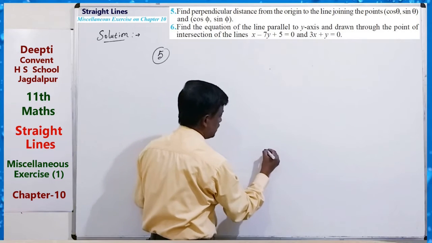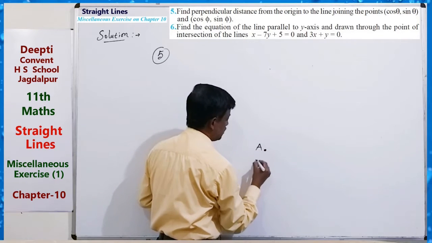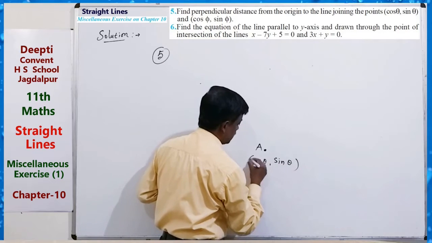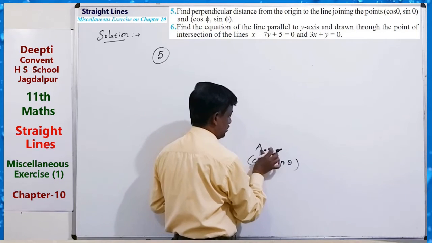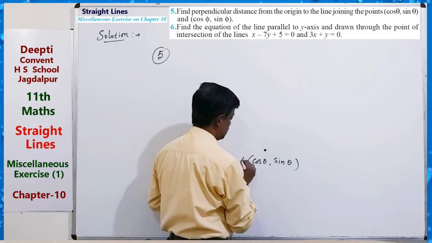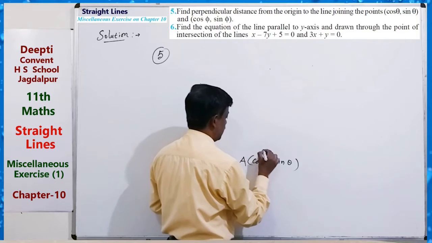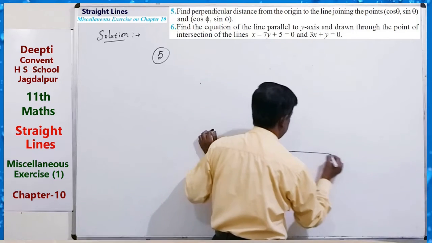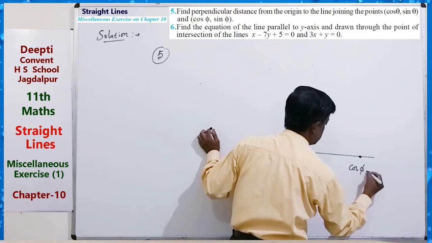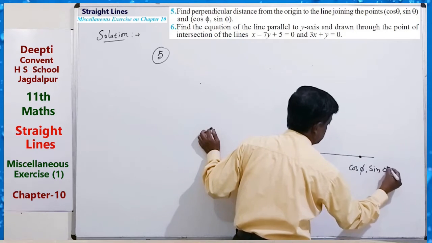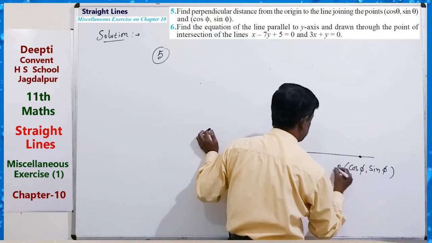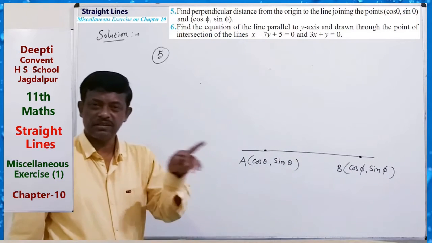Here question 5. One point is given as cos theta, sin theta. Suppose this is A. Another point is given as cos phi, sin phi. This is the general question. This is another point B. The line passes through these 2 points.